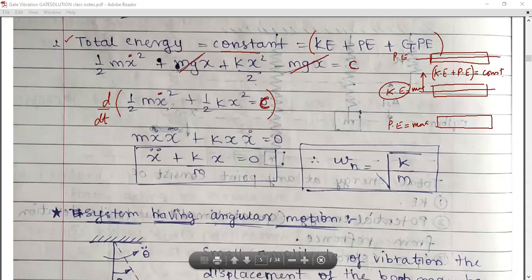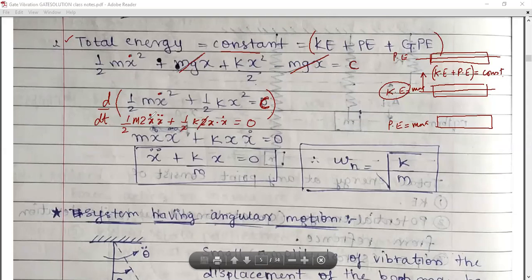So what are the derivatives of this one? Half m, this is your velocity, so that is 2 x dot x double dot, plus half k 2x into x dot, and this equation should be 0 because the derivative of a constant is always 0.